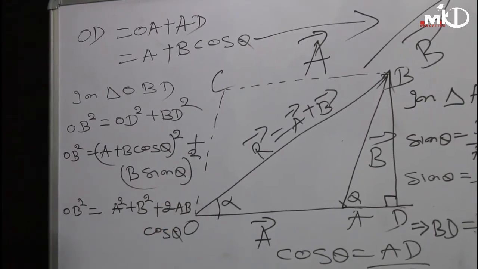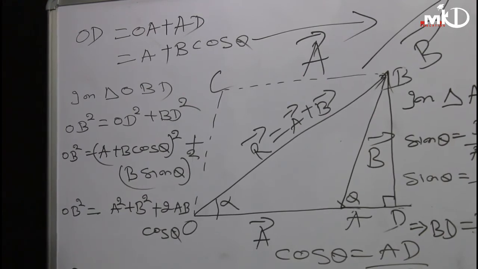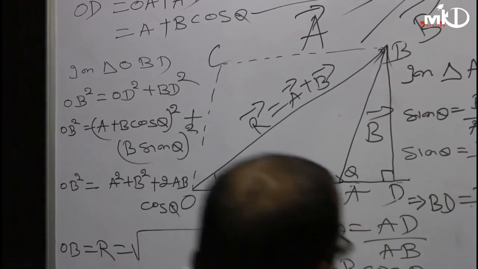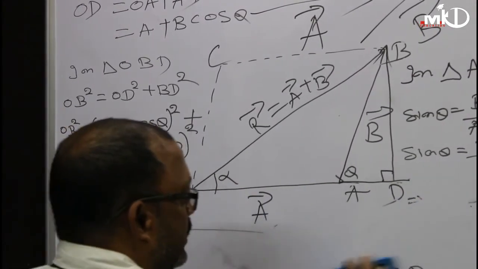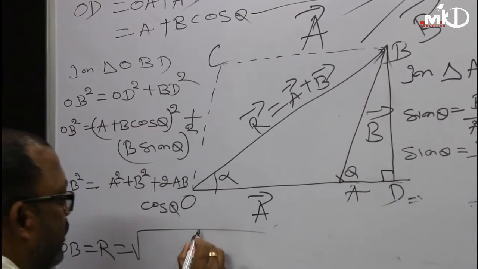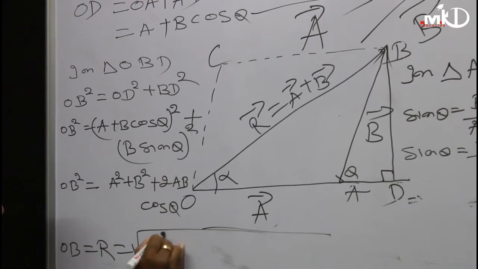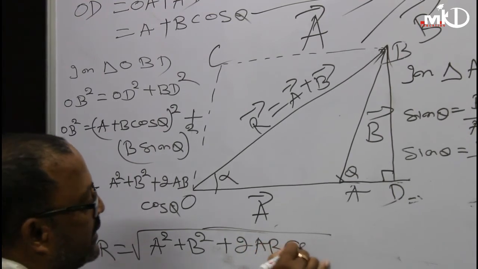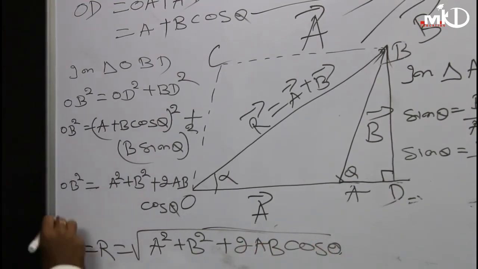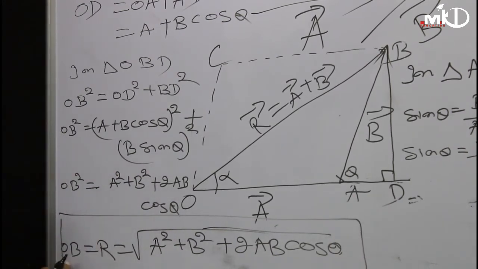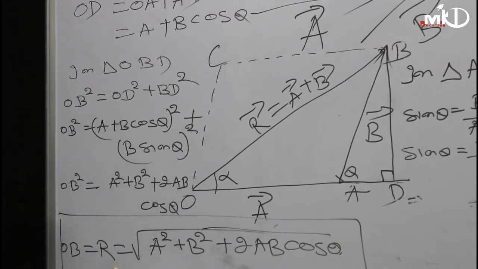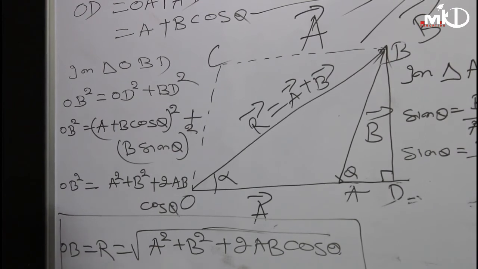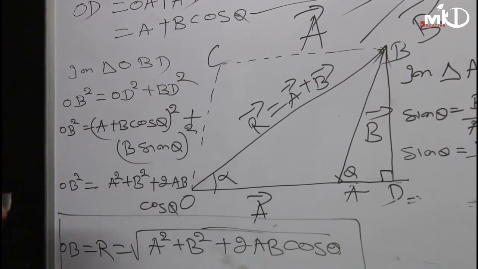Therefore OB, which is our resultant R, is equal to the square root of A square plus B square plus 2AB cos theta. This is the magnitude of the resultant quantity. In this way, you can find the magnitude of the resultant.